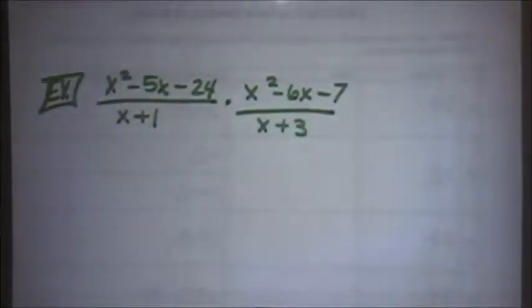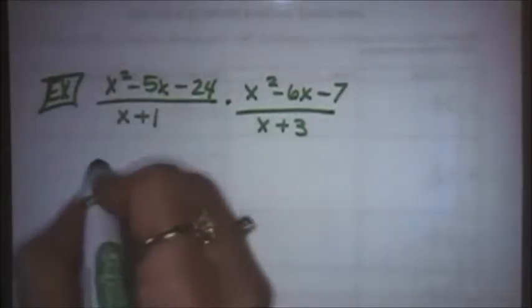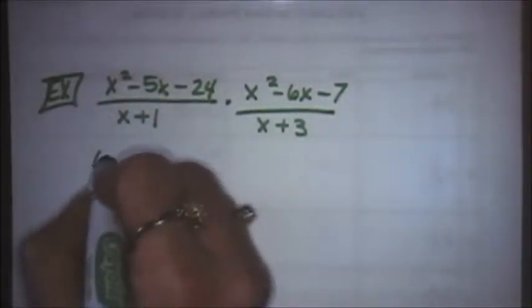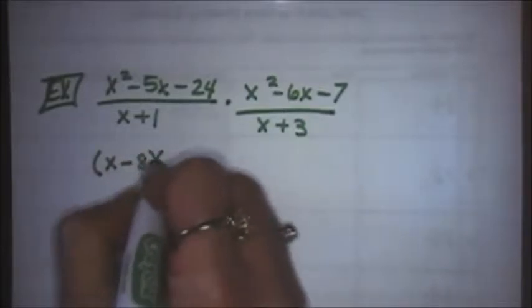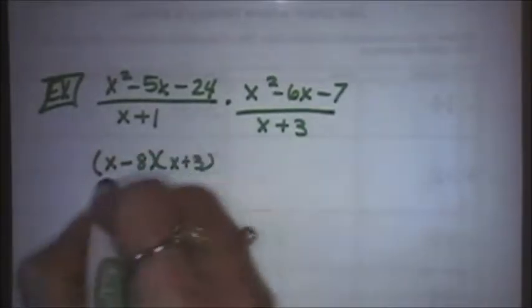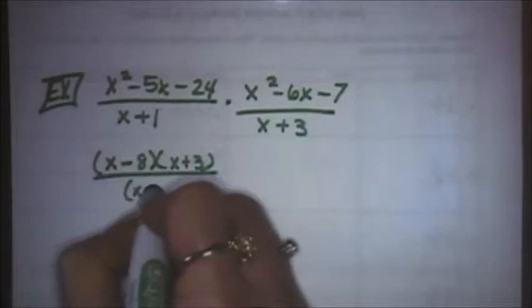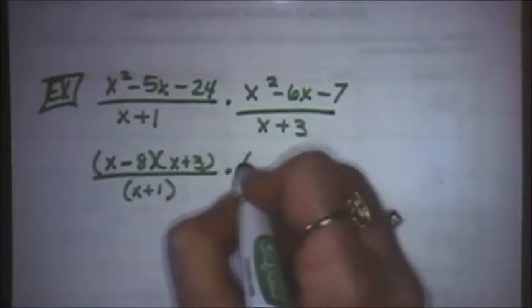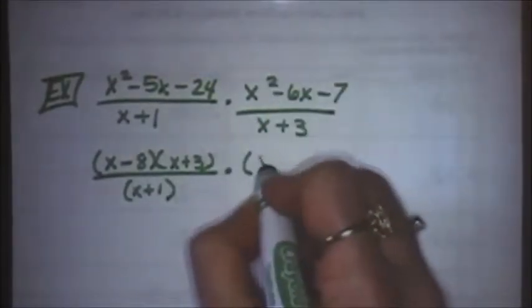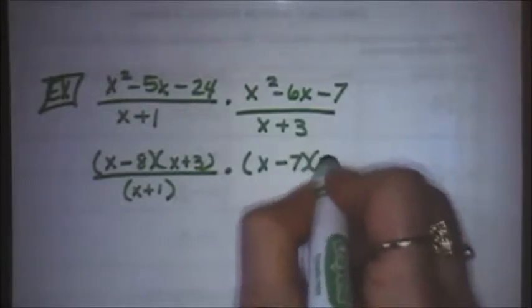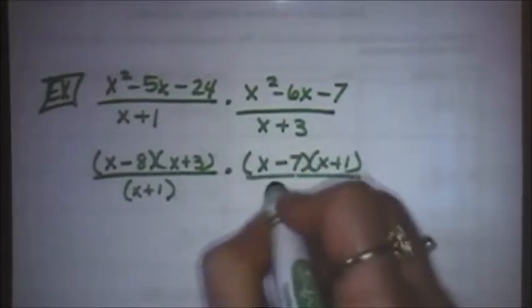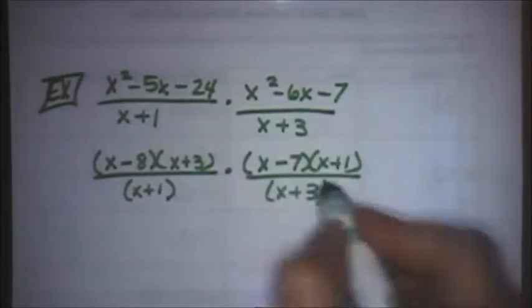Now I'm going to factor anything I see that can factor. So my first fraction, the trinomial factors, is x minus 8, x plus 3 over x plus 1. And this factors as x minus 7, x plus 1 over x plus 3.